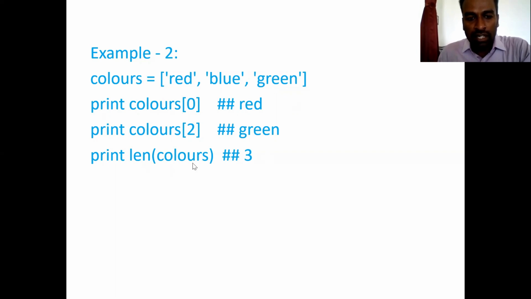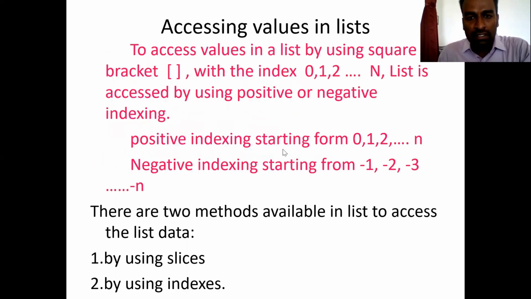What is the length of the colors? What is the actual length of this colors list? Totally 3. How to access a value in a list? To access values in the list, use square brackets with an index value, using either a positive or negative index.